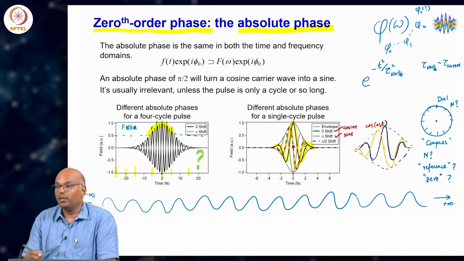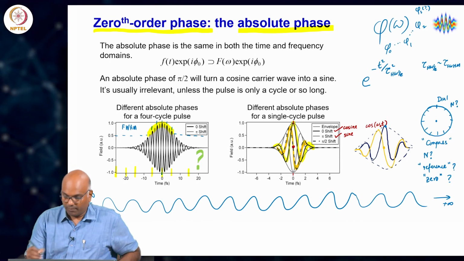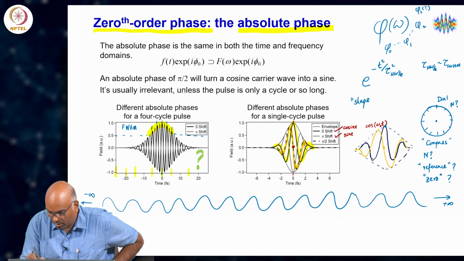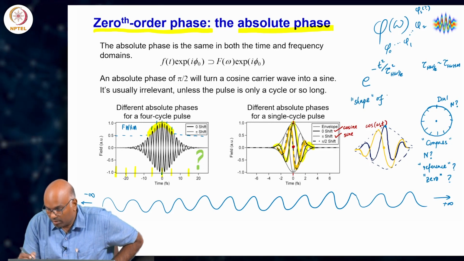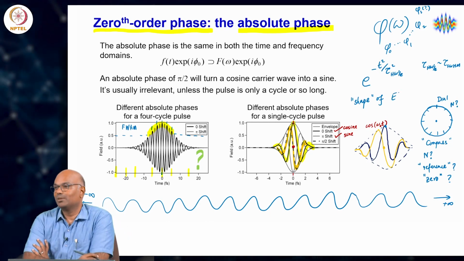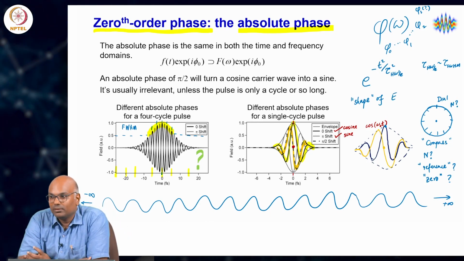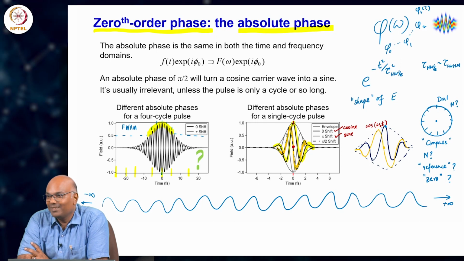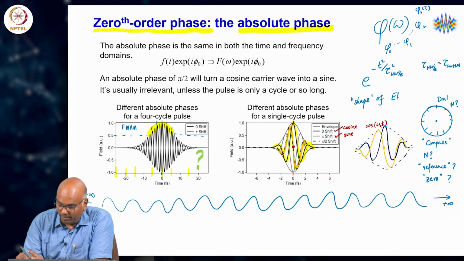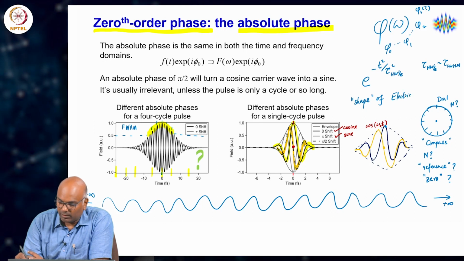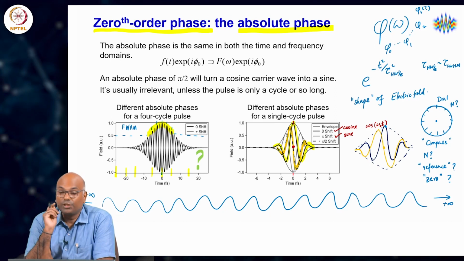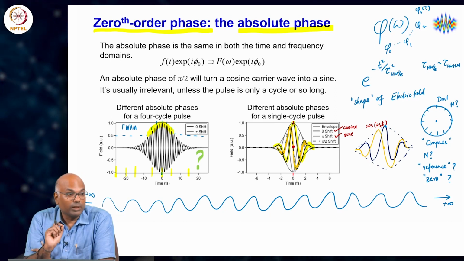So what is the key here? The key is the shape of E, not U, right? Ankit. The shape of the electric field matters, ergo also the magnetic field, but the shape of the electric field matters for few cycle pulses.